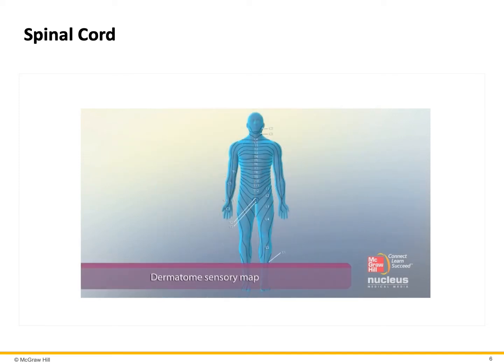Each spinal nerve provides sensory innervation to areas of the skin called dermatomes. A C4 to 5 level A spinal cord injury results in partial or total loss of sensation in the C4 and C5 dermatomes and total sensory loss below.